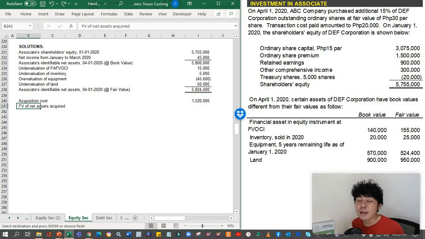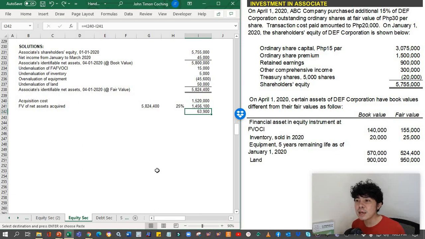So, kunin natin. So, magkano ang fair value ng net assets acquired? Kasi hindi naman lahat itong 5,824,400 in-acquire natin. 25% lang ang in-acquire natin dyan. So, para makompute yun, 5,824,400 multiplied by the percentage of ownership, 25%, so that is 1,456,100.